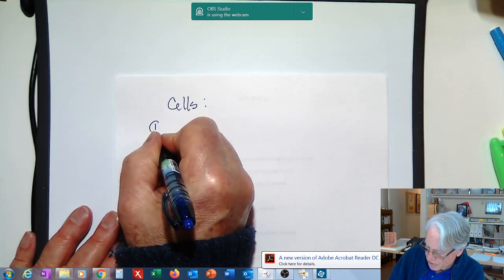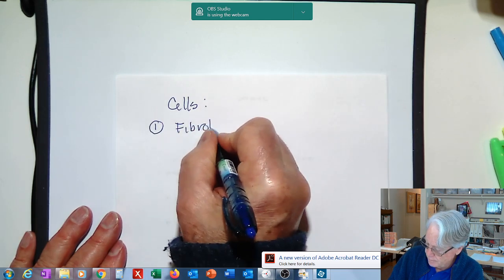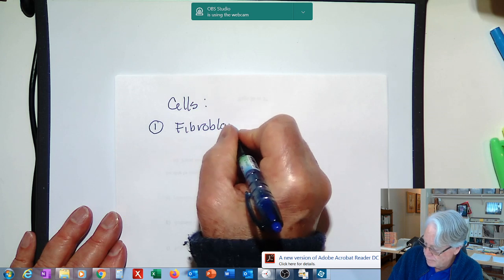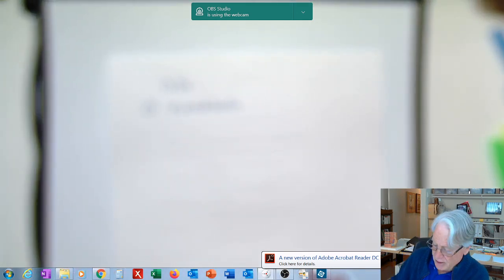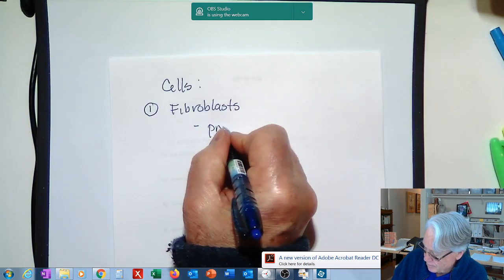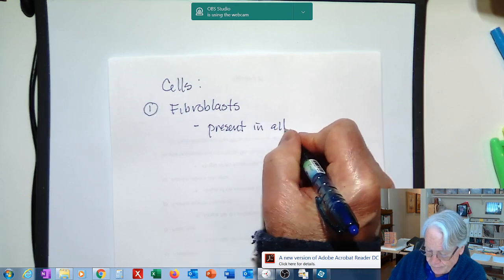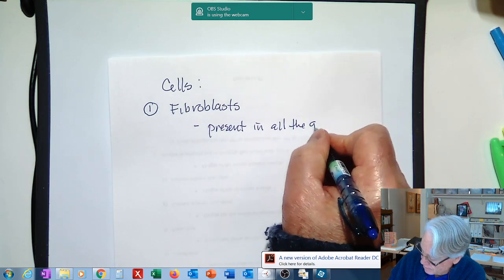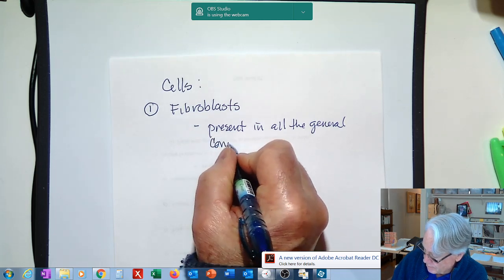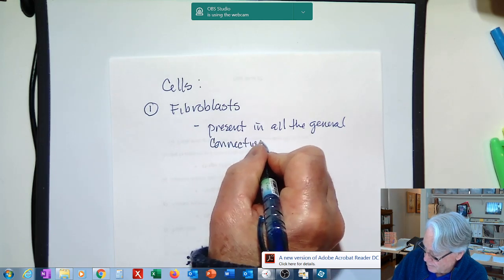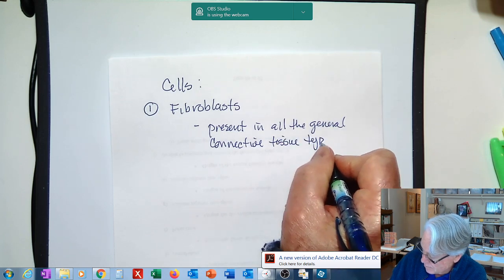So, first of all, we'll talk about the fibroblast. Fibroblasts, plural. This is present in all the general connective tissue types.